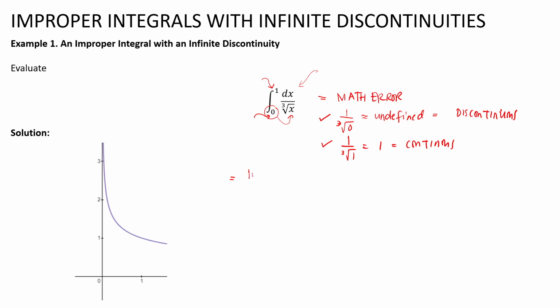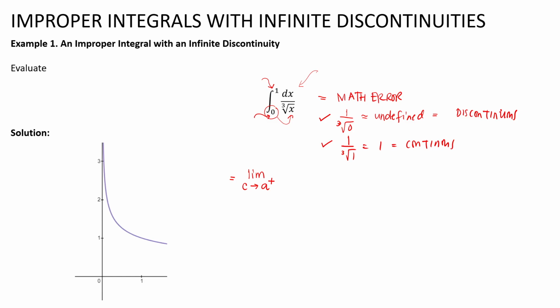So taking the lower limit out, the lower limit is discontinuous. So c approaches a on the right-hand side of a, because again, we don't want to be dealing with 0.